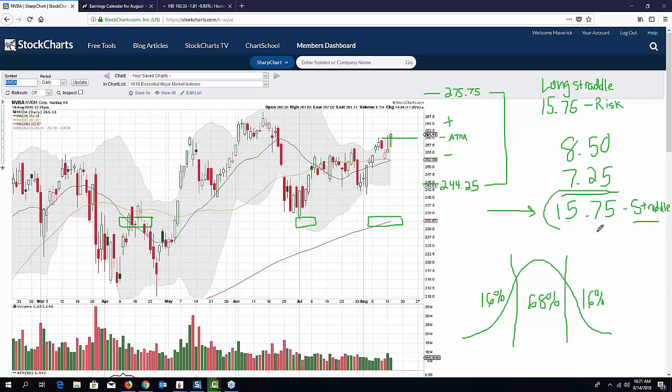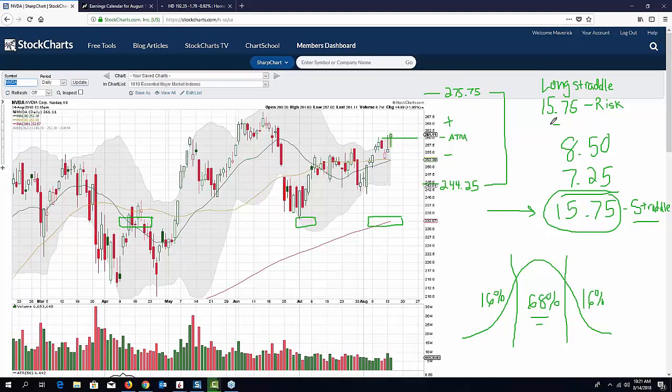So max loss is very unlikely. Partial losses, very likely. Big losses, very likely. Probability of losing something, very, very likely, right? But for the max loss, you'd have to land perfectly right on top of the strike prices to not get something back, because at least if you're a little above, you can sell your calls for something. If you're a little below, you can sell your puts for something. You might be taking it on the chin and have a big loss, but it's not a max loss.